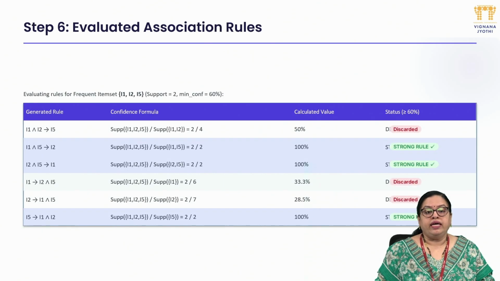So how do we calculate this? Here three items are given, and our formula is support of A union B divided by support of A.